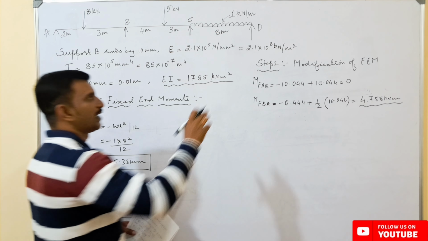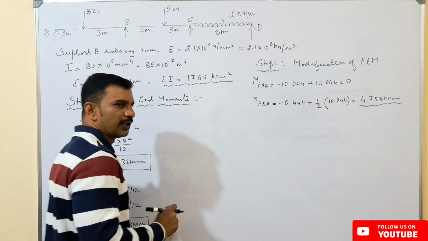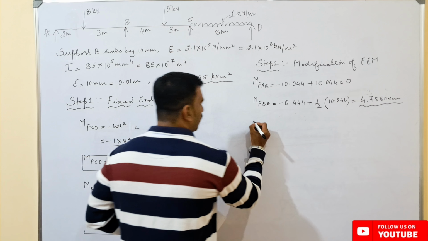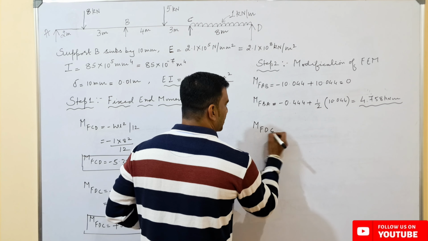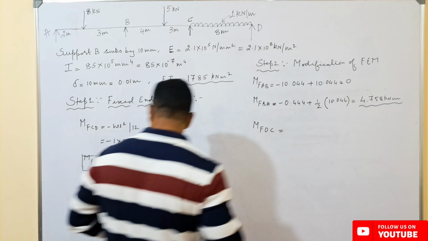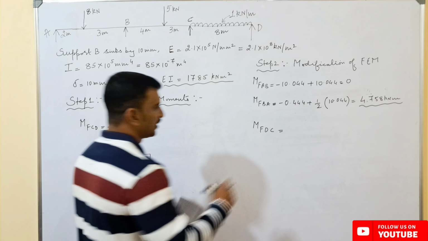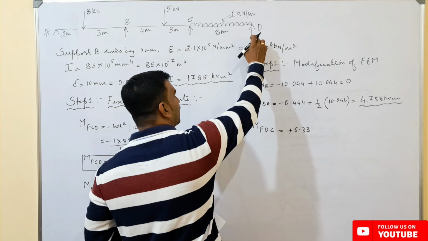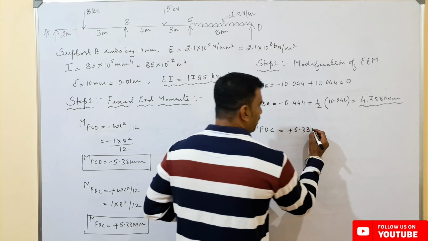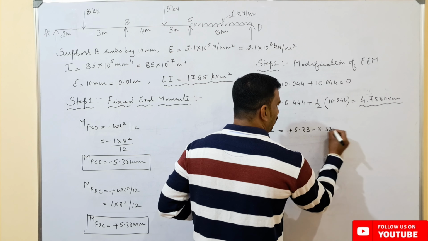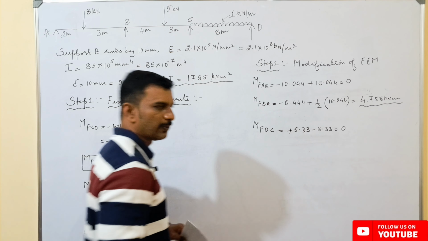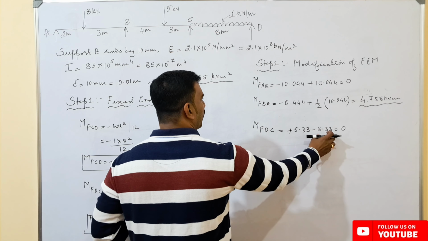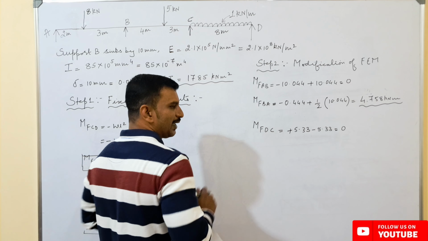Similarly, at support D, we are having a simple support. So the final end moment about this point will be equal to 0. So if we modify the fixed end moment from D to C, which is plus 5.33, the final end moment should be 0 here, so we have to take an equal and opposite additional moment, which will make the value 0. And whatever additional moment we have considered here, half of that value needs to be carried to the other end of the same member.